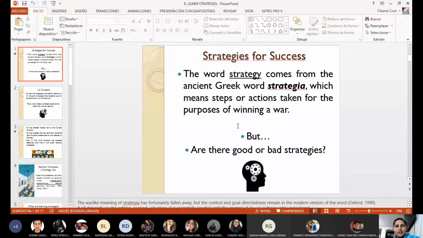And at the end of the course, I'm going to share with you a couple of these strategies, which are very common in our context, in the Mexican education system, in this setting, and for the languages arena, which is our main focus.